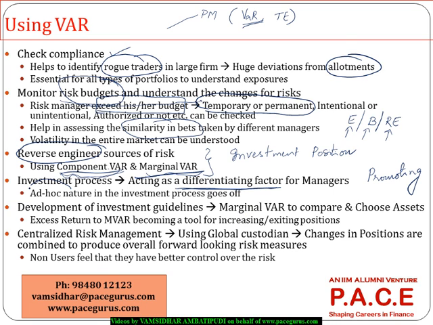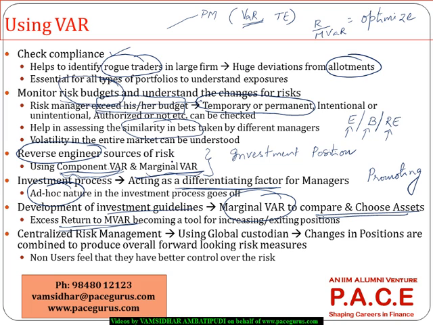So this at least helps in removing the ad hoc nature in the investment process, helps in choosing the investment guidelines, because the marginal VAR today can very well be used to compare and choose the assets per investment. Or we can even talk about excess returns to marginal VAR. Equating the excess return to marginal VAR is a better way to optimize the portfolio, which we have seen using the spreadsheet also earlier.